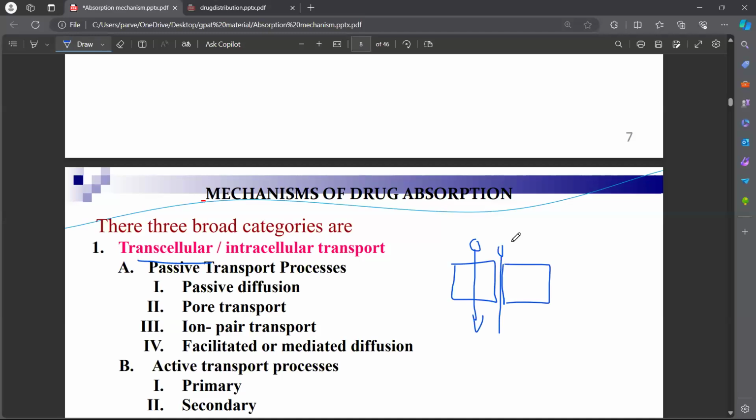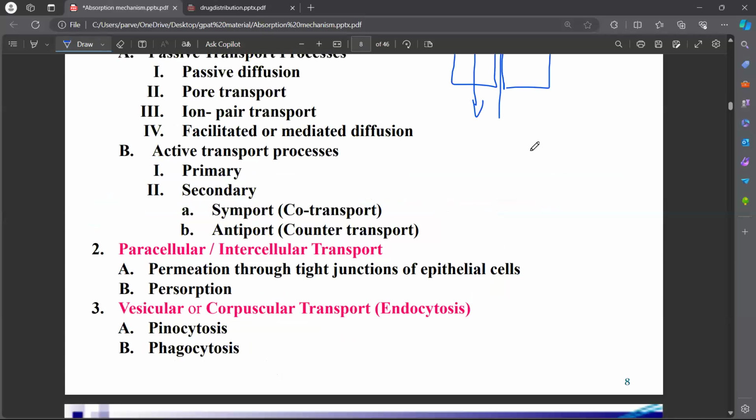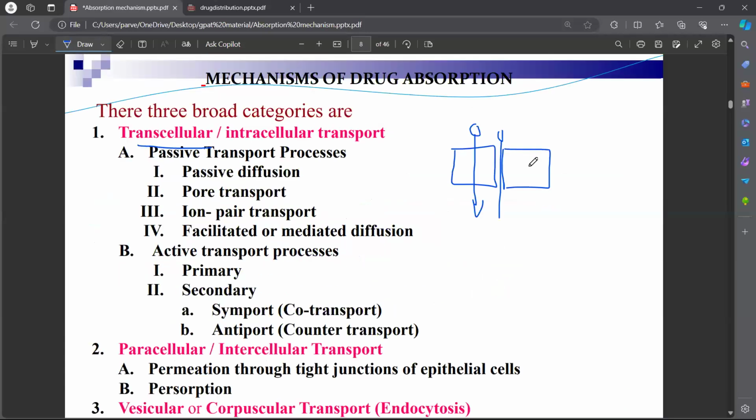There can also be another type of transportation where vesicles are formed inside the cell, and by this vesicle the drug is transported to the other side of the cell. Intra signifies something through the cell, and inter signifies something between the cells.